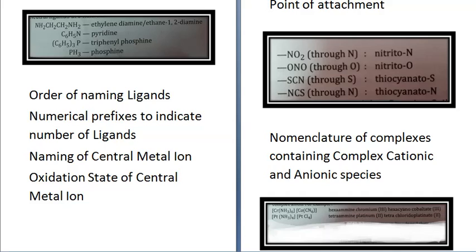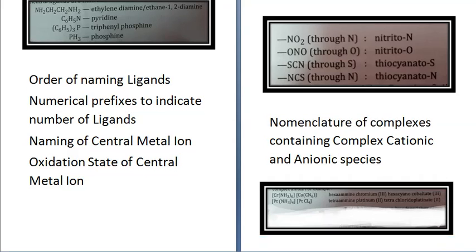In the study material that I'll be sending to you, I will give you the names of some common ligands, their formulas and their charge, and the name given to the complex, a list of these, as well as some examples of how to name a few coordination compounds. So you can go through them and try naming the compounds in your chapter.